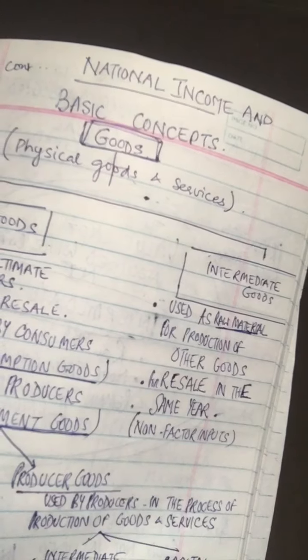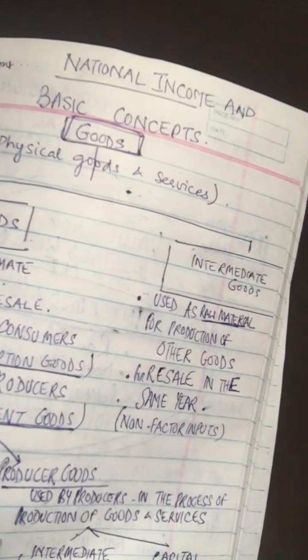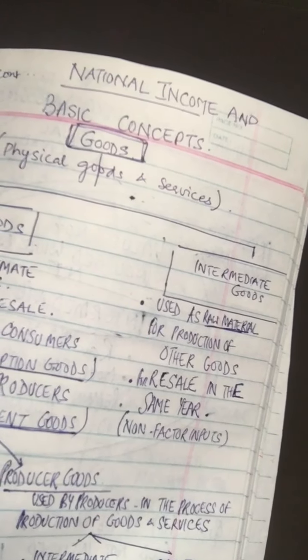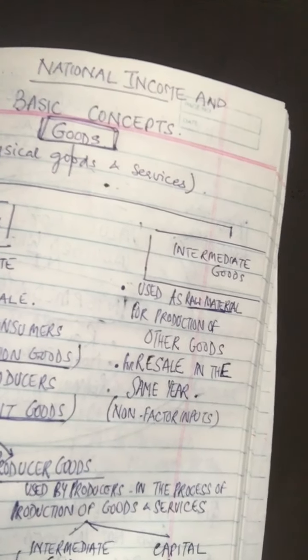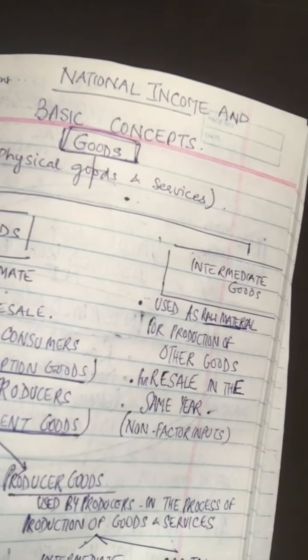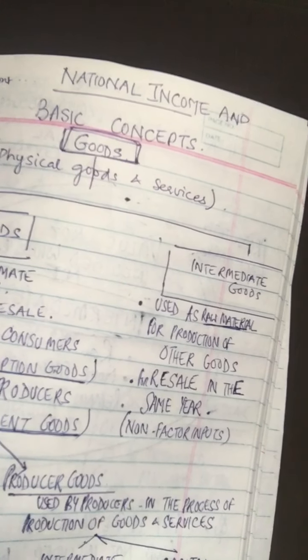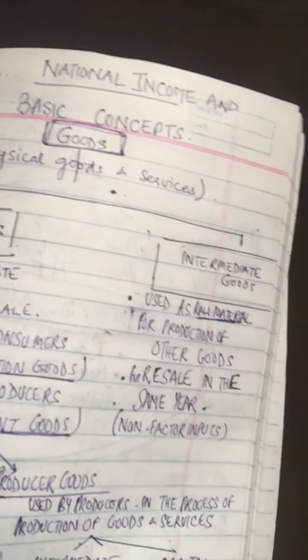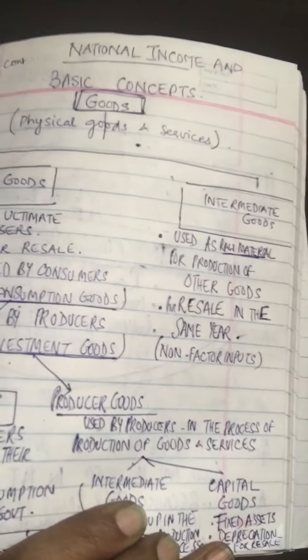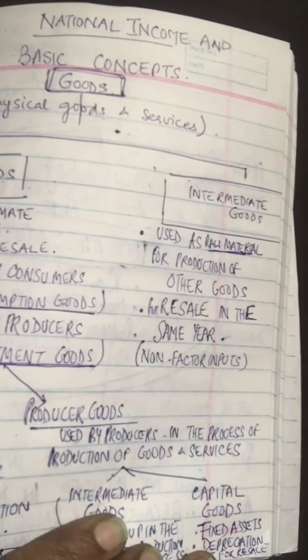So sugar cane is an intermediate good, and sugar again will be an intermediate good if it is used for baking a cake or making a cake, and so forth. So till it is finally sold for final use, till then it is an intermediate good.